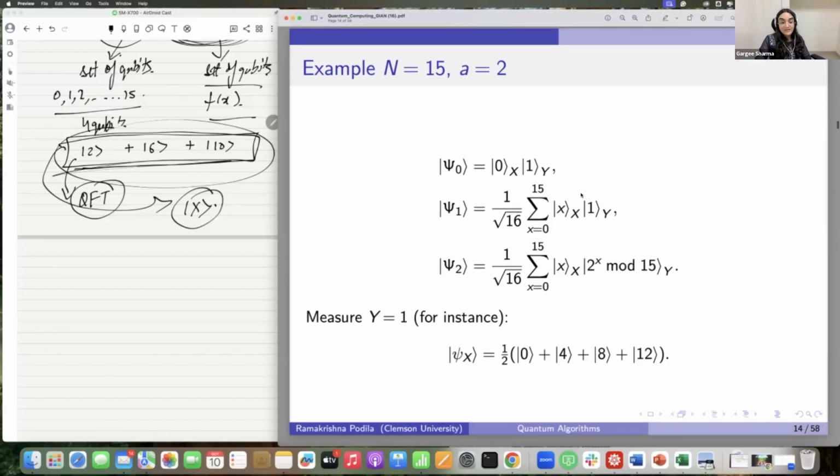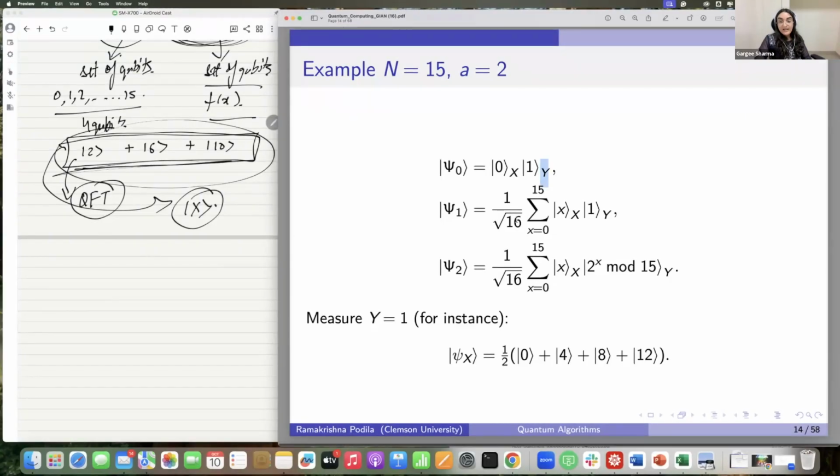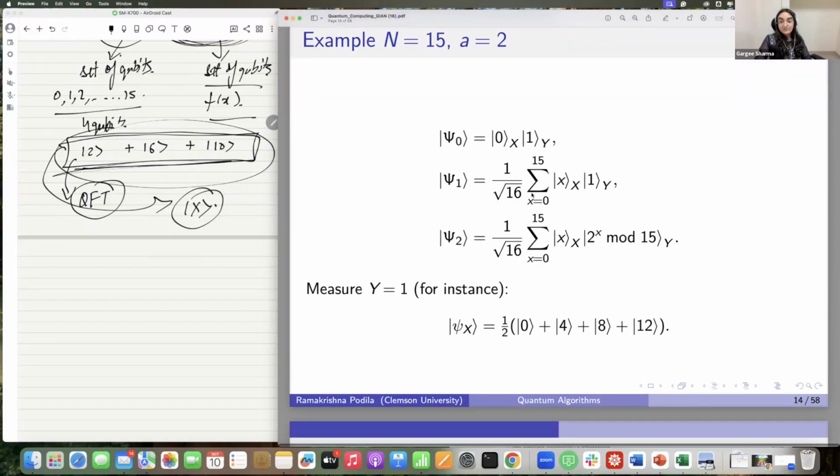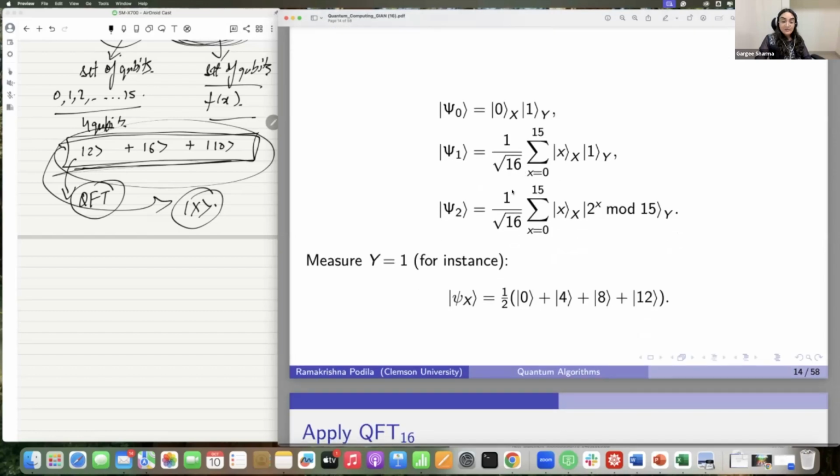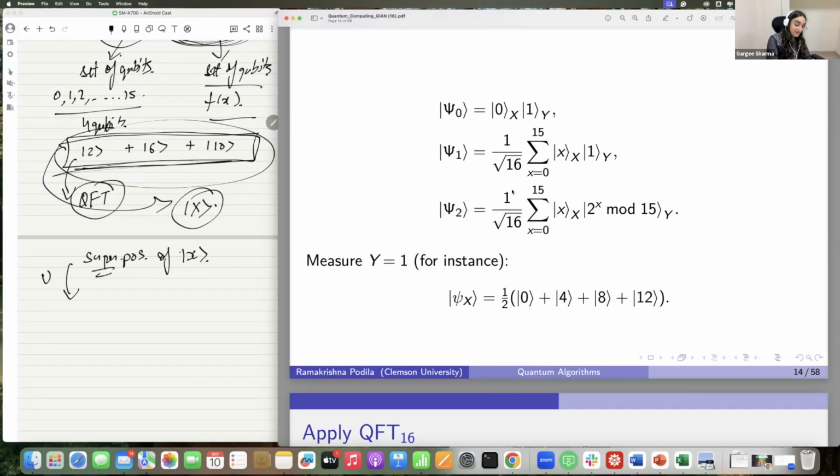So let's take an example that will make this a bit clearer. You start with some initial state 0, 1, where 0 is for the x and 1 is for your y. Then you prepare a superposition of all the states in x, and then you implement the encoding of f of x in the second qubit.